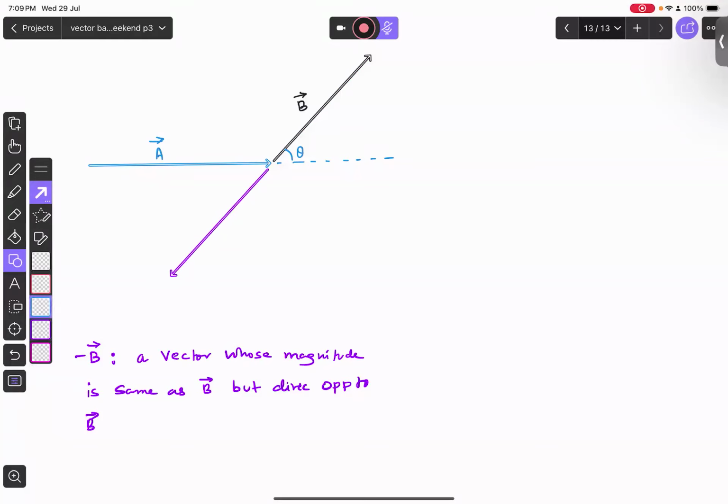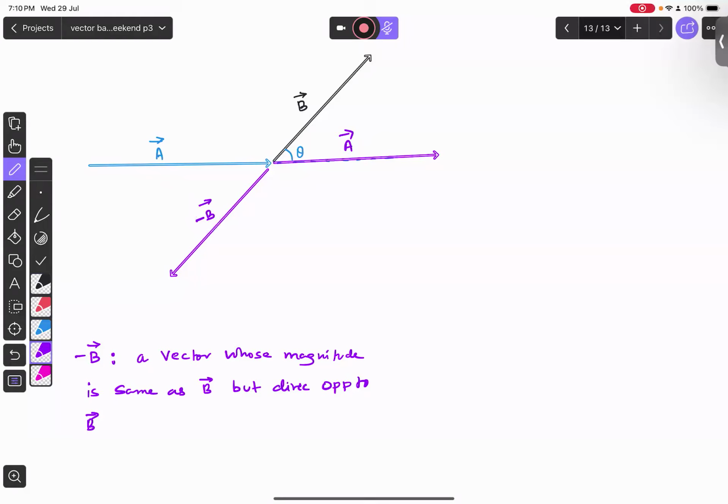And for keeping A and B, and A and minus B, in a similar arrangement, I can shift vector A parallel to itself and draw it here. So this is also our vector A, but this one will be minus B.